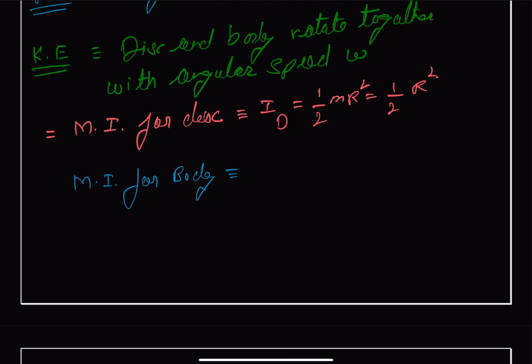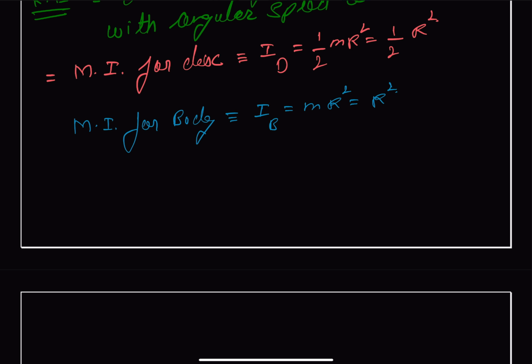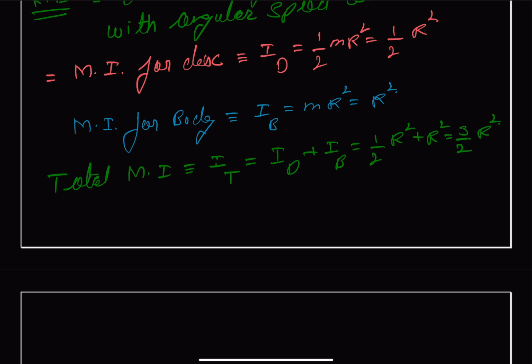So we can use the standard formula that moment of inertia of the body will be equal to m r square, which comes as r square. Therefore, total moment of inertia, let us call this I total, will be equal to disk plus body, and this comes as half r square plus r square, giving us 3/2 r square.